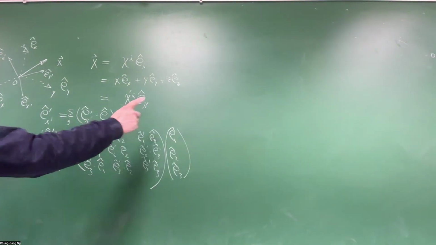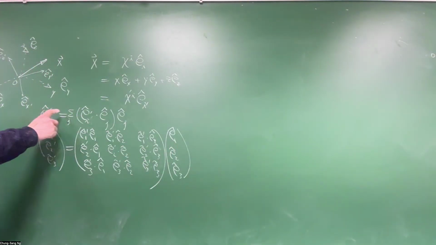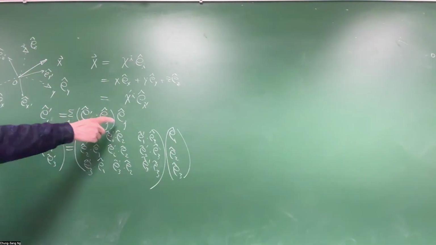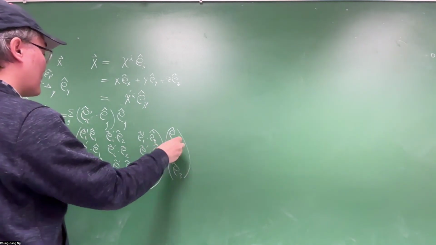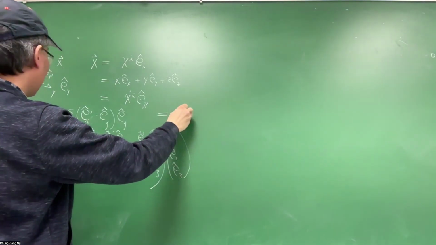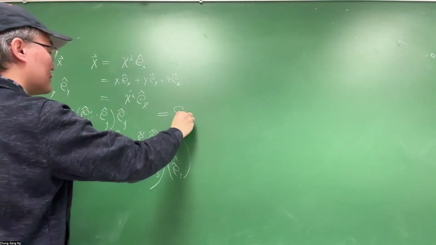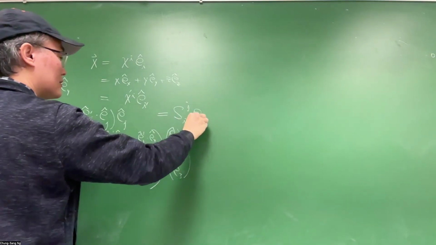I mean, there's also a convention because you can also calculate the inverse, EJ expressed as the projection on the EI prime. But if you write it like that, let's just use the transformation matrix SIJ.